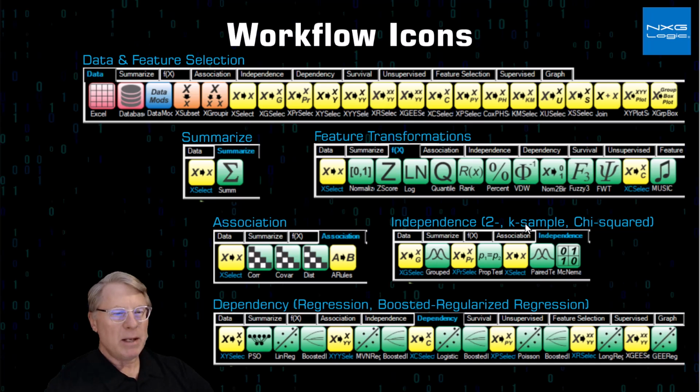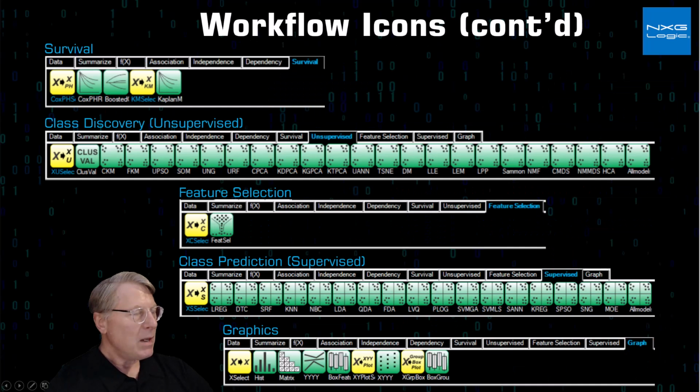Here are the independence and hypothesis testing icons, and the dependency or regression and boosted regularized regression icons. Here are the workflow icons for survival analysis, class discovery, or unsupervised analysis, feature selection, class prediction, and some graphic icons that can be dropped onto the workflow.